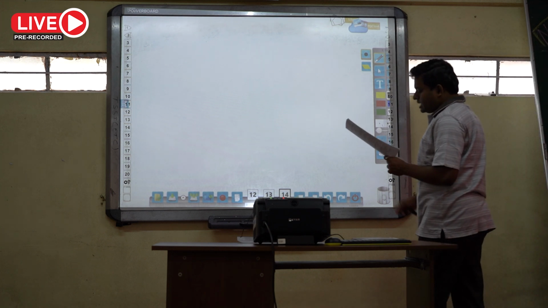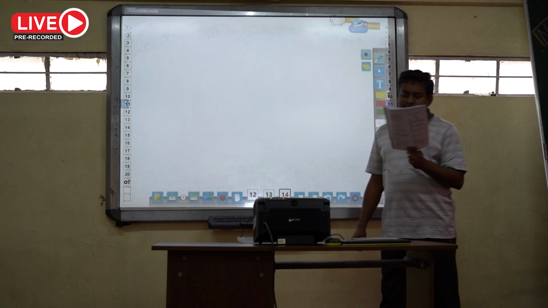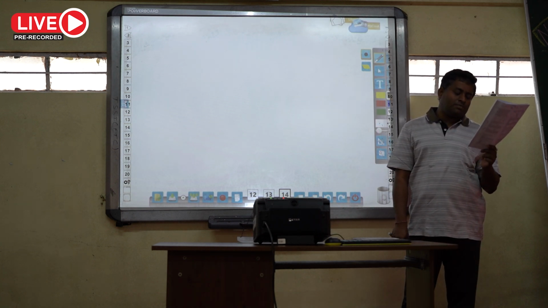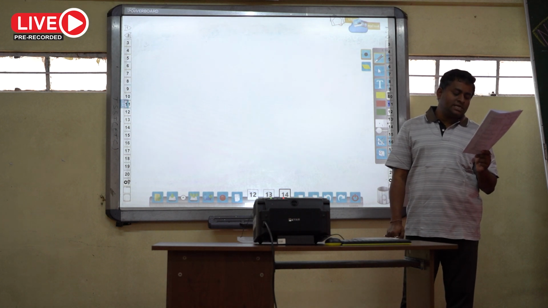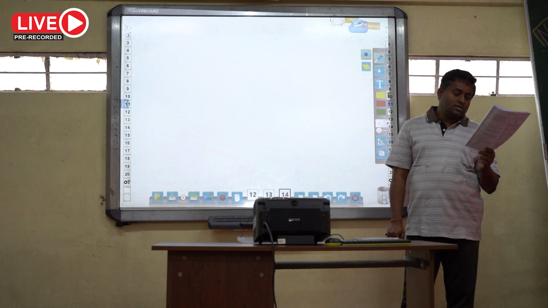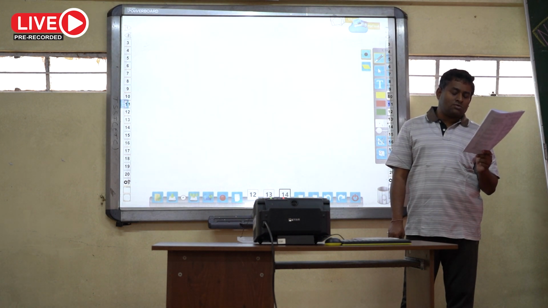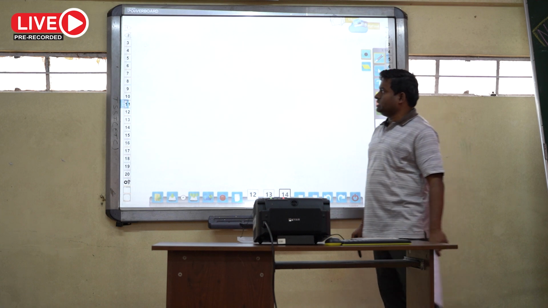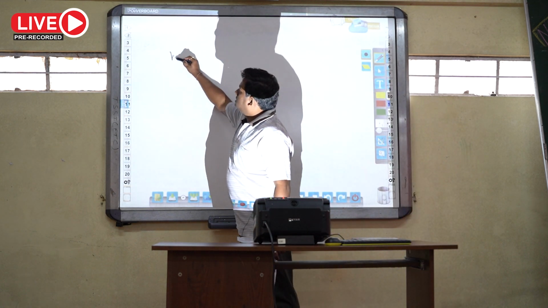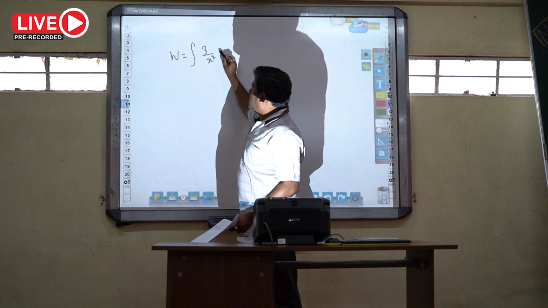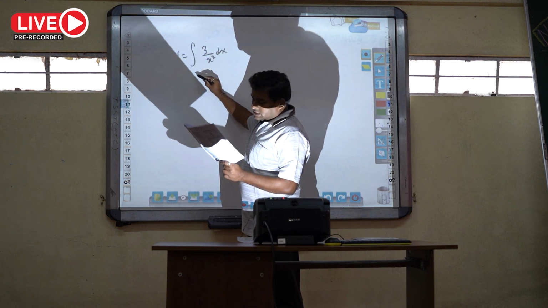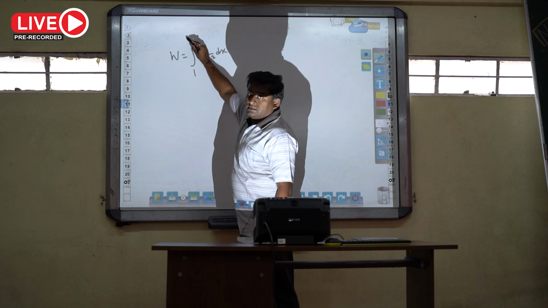Next one, a particle is moving along the x-axis under the influence of a variable force F equal to 3 by x square, where x is in meter and F in newton. The work done in displacing the particle from x equal to 1 to x equal to 3 meter. You just have to integrate, W equal to integral F dx, that is 3 by x square dx, from 1 to 3.